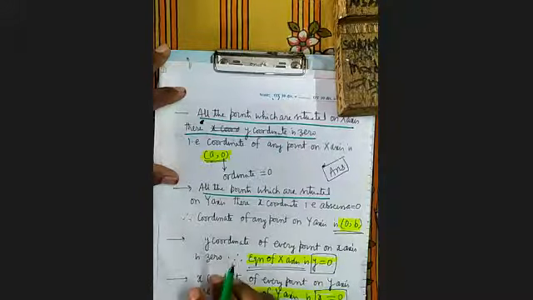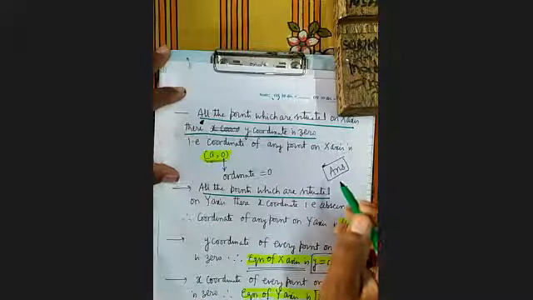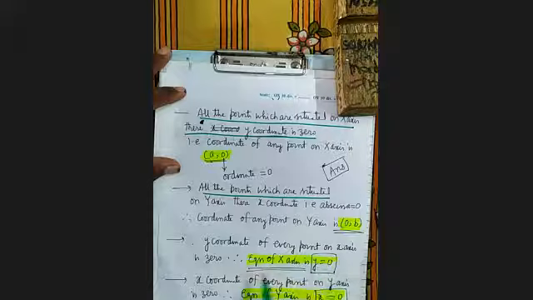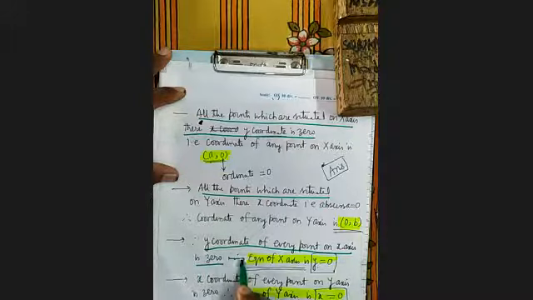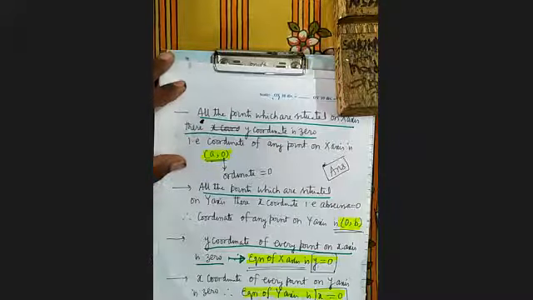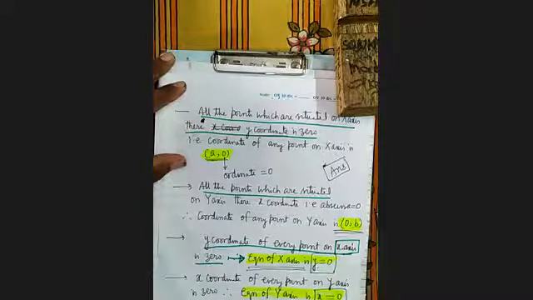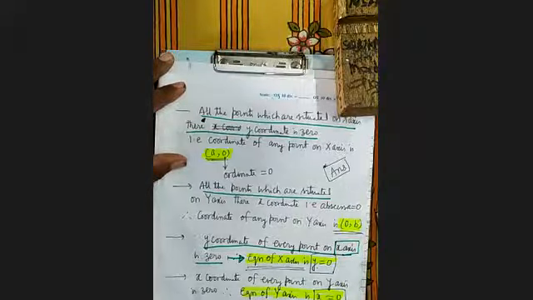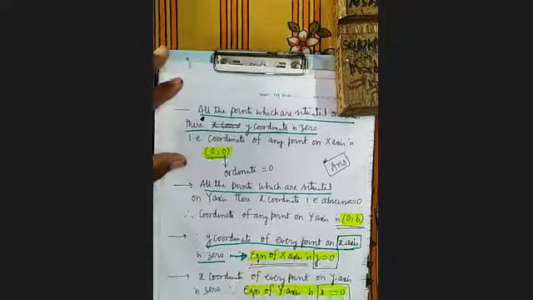Therefore the equation has become y equals 0. The y coordinate of every point on the x-axis is 0, therefore the equation of the x-axis is y equals 0. Understood?